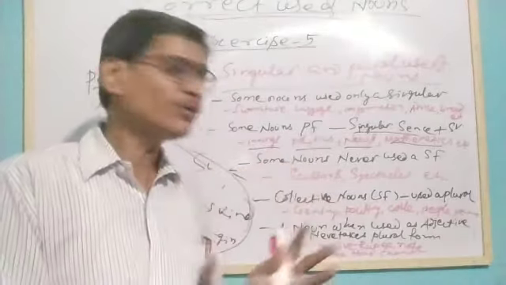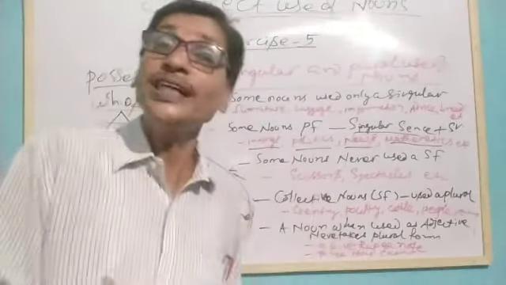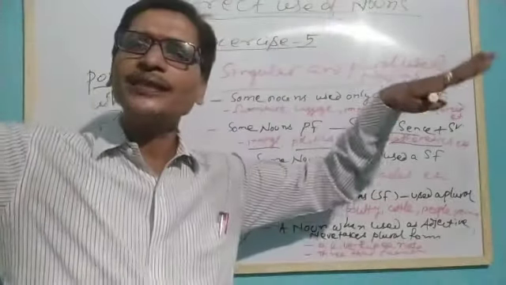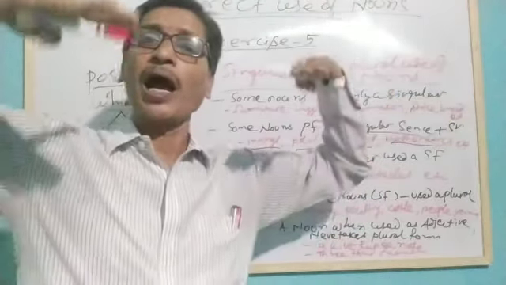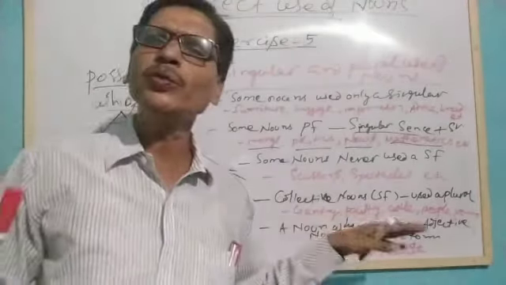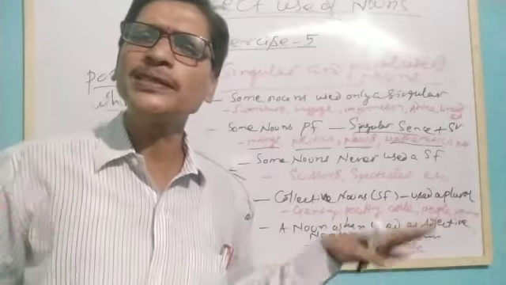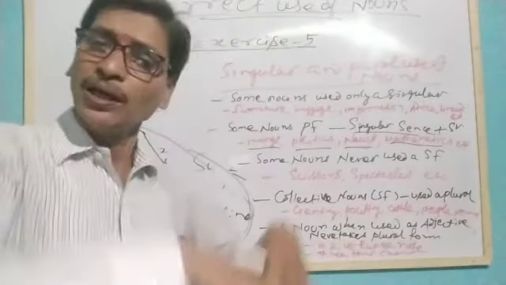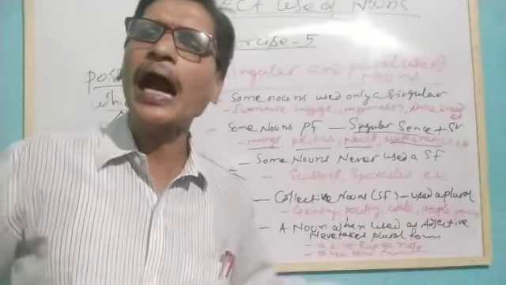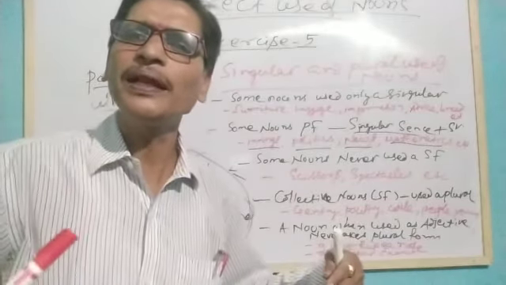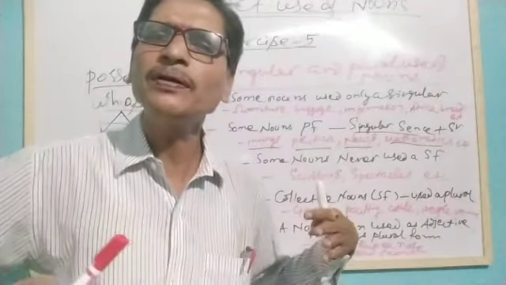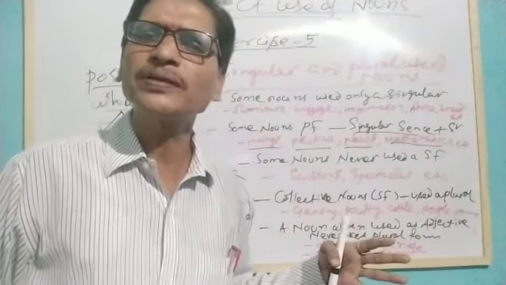But some nouns look singular in form but are used as plural. What are they? Gentry. Gentry means a class of people, that means some higher category of people in society. Poultry means where we make a farm of animals and birds. It is a collective noun. Cattle means a large number of cows in one place. People means a group, a gathering of a number of persons in one place.